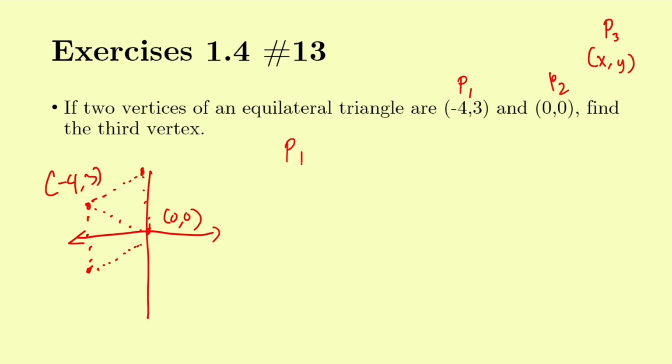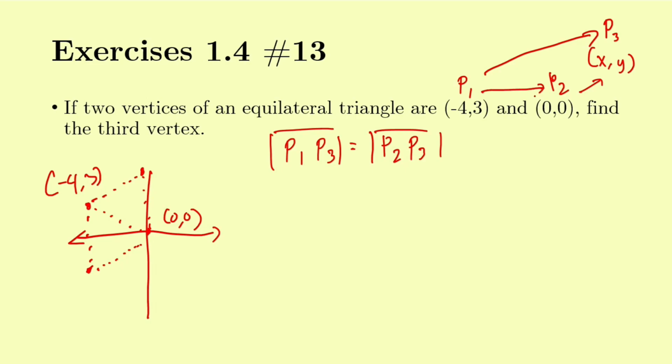So it's going to be like this: P1P3 is equal to P2P3. No, kasi nga, we have an equilateral triangle. So yung distance nito dito at yung distance nito dito ay same lang. And actually, equal din yon sa distance nito dito. But we will use that information later. We will focus on that missing point paired with the other 2 points. Okay, let us express this using the distance formula.